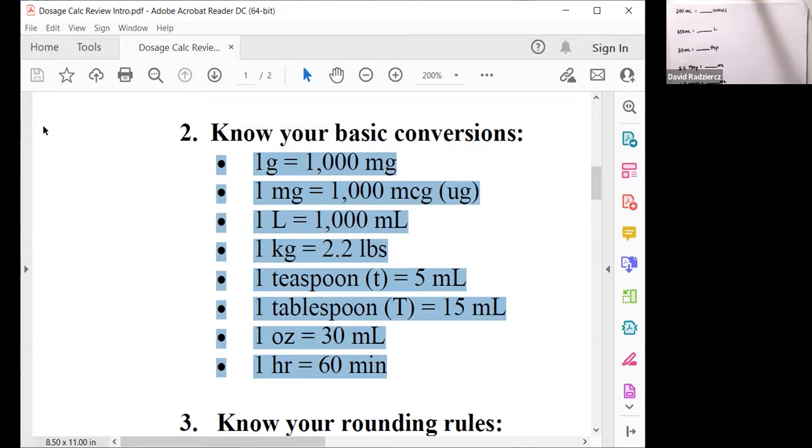So we already went over grams, milligrams, milligrams to micrograms. We're going to, in a little bit, do liters to milliliters. Then you can see kilograms to pounds. And then here's some of the other ones: a teaspoon, a tablespoon, an ounce, and then of course an hour. I'm going to add some more to these because for Boyce, you also need to know more of the household unit conversions like pints and quarts and things like that. And so I'm going to make sure I get those straightened out for you guys. So, but that's what that is.